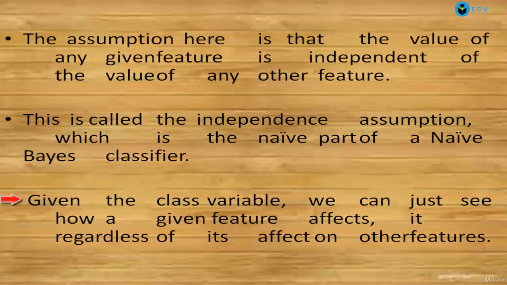So given the class variable, we can just see how a given feature affects it regardless of its effect on another feature. So basically we are seeing just that feature and its effect on that class variable, and we are not seeing the relationship between different features here. So this is the important assumption which we are assuming here, and since we are using Bayes theorem, that's why its name is naive Bayes classifier.